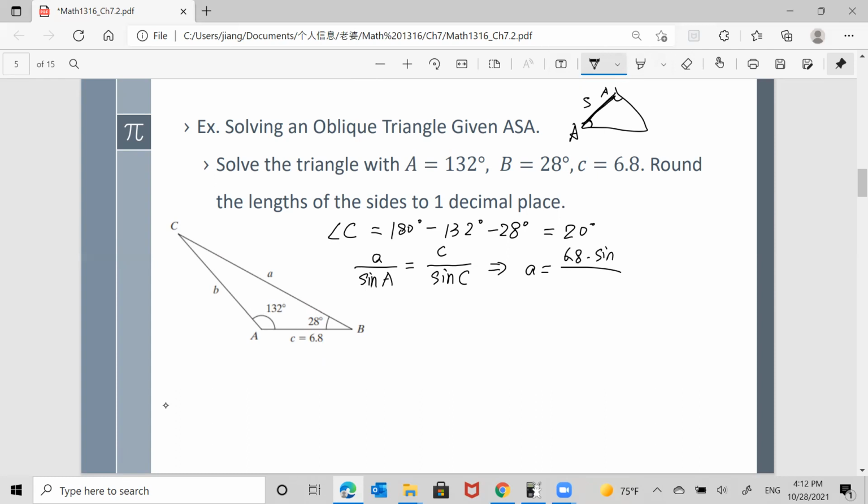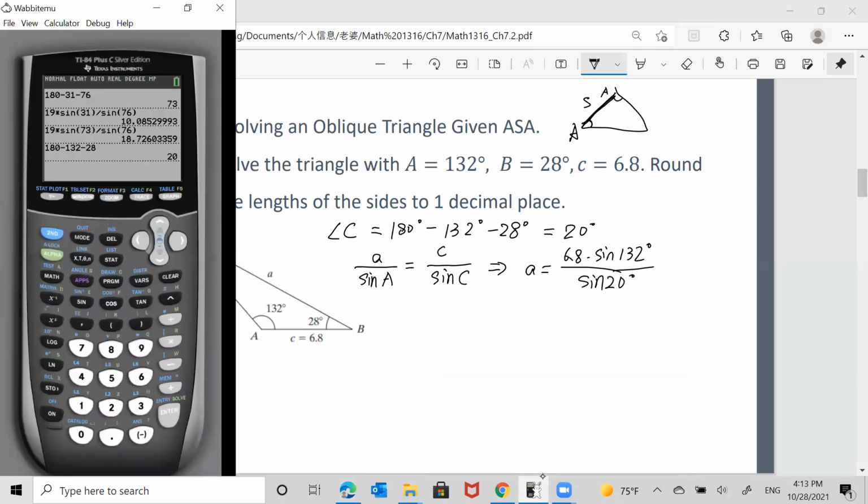Sine A, that's sine 132 degrees, divided by sine C, that's sine 20 degrees. Use the calculator, that's 6.8 times sine 132, close the parentheses, and then divided by sine 20, close the parentheses, hit enter. So a is about, keep one decimal place, 14.8.